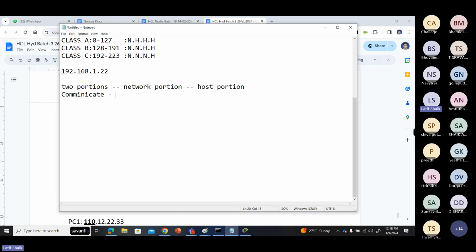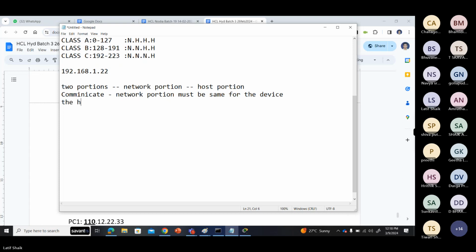So in the IP address pattern, the network portion must be the same for the devices. Their network portion must be the same to communicate: same LAN network, same segment. In the same segment, all devices must have the same network portion.